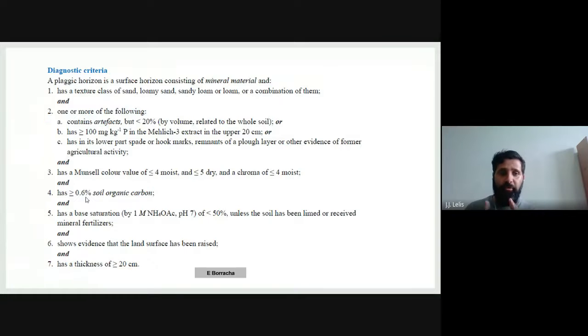So you don't need to remember all this information, especially the thickness. Even I don't remember the thickness. I always need to check this because it's a lot of information. I prefer to record the definition and some very important or relevant soil properties that could help me to identify this horizon.